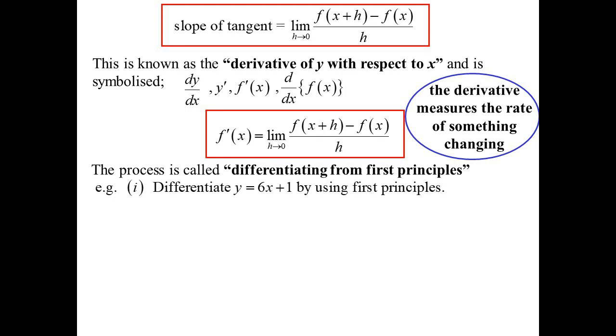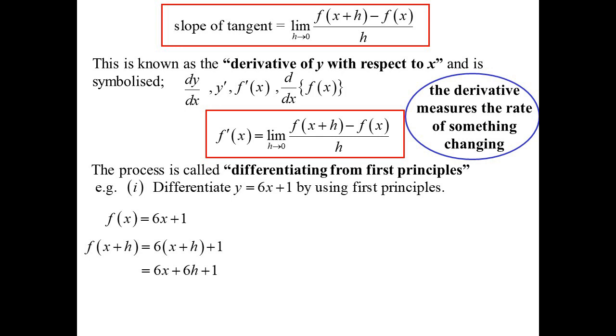So okay, let's do one where we know what the answer should be, because this one's a straight line. Remember, we said the derivative or the gradient function for a straight line would be the coefficient of x. So we should end up with 6. So function x is 6x plus 1. Function x plus h would end up being 6x plus 6h plus 1.